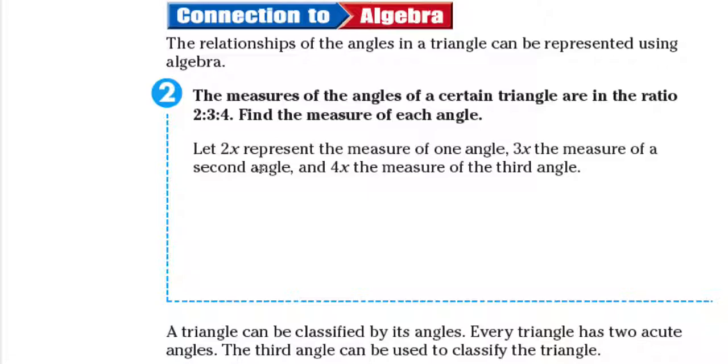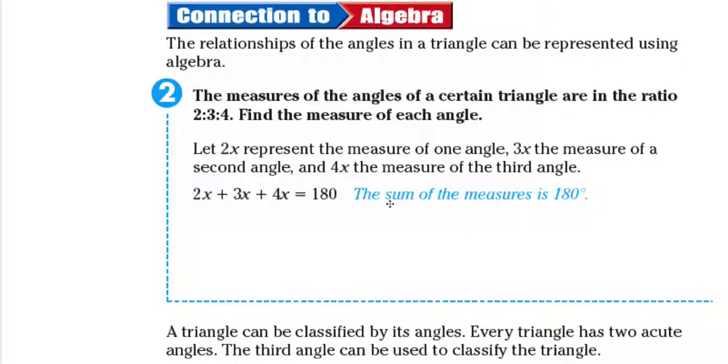Okay? So from there, we simply add 2x plus 3x plus 4x equals 180, the sum of the measures of the angles. Okay?